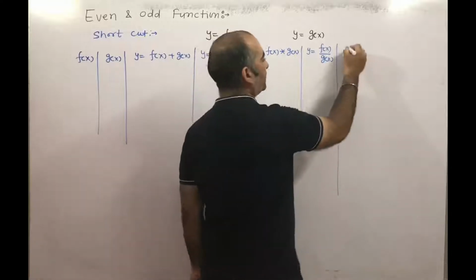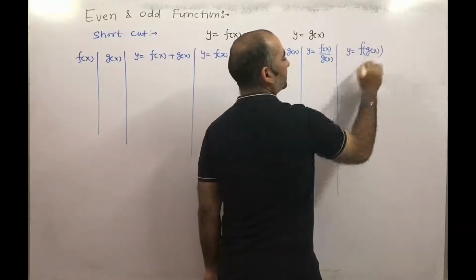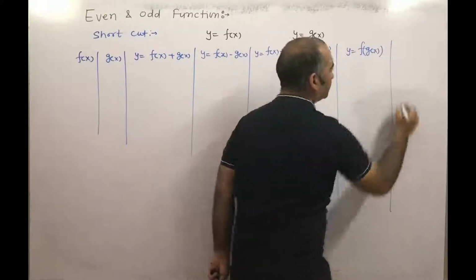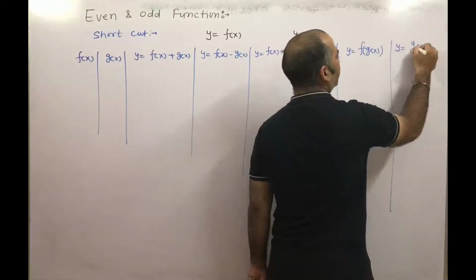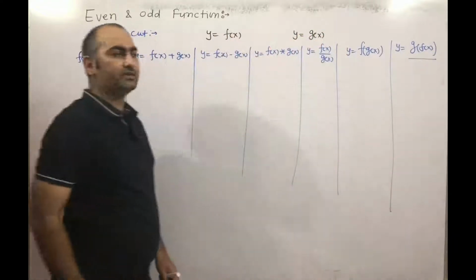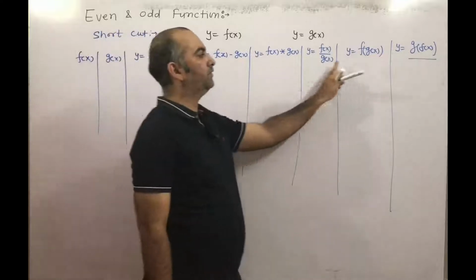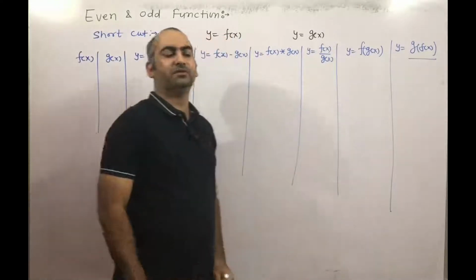One function is y = f(g(x)). And one function is y = g(f(x)). So there are 6 possibilities: 1, 2, 3, 4, 5, 6.